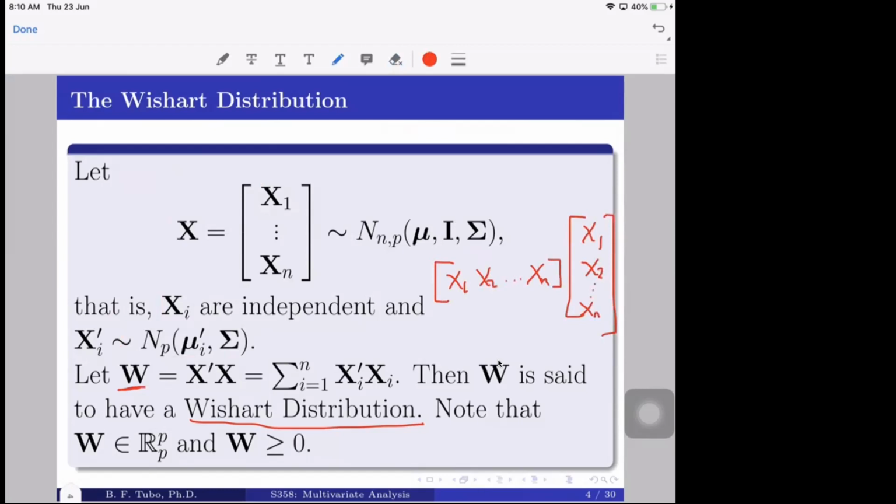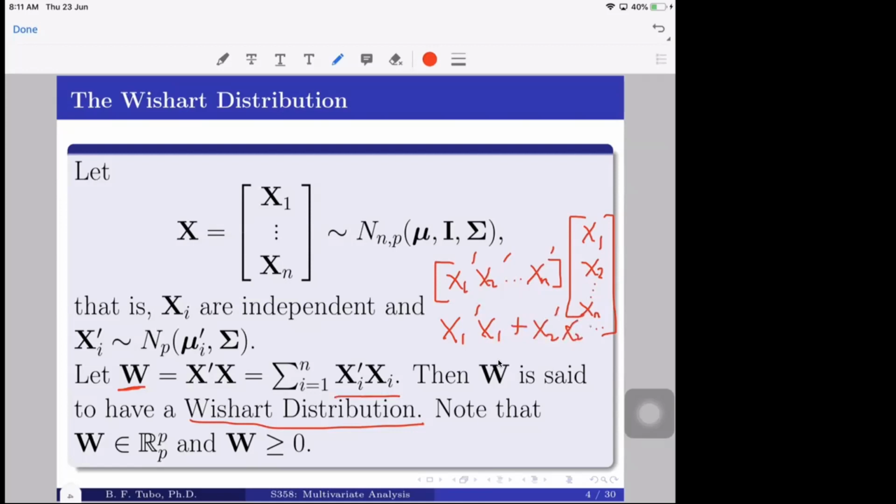So when we multiply, this is just the summation of x prime x1 plus x prime x2 and so on and so forth.